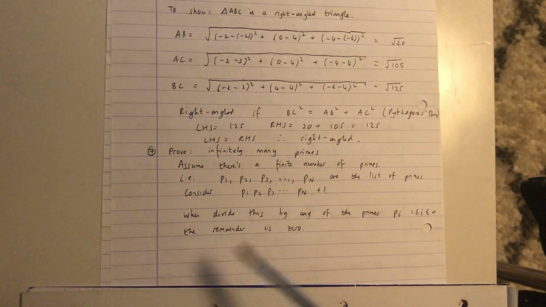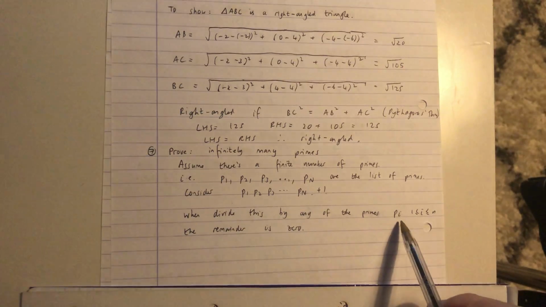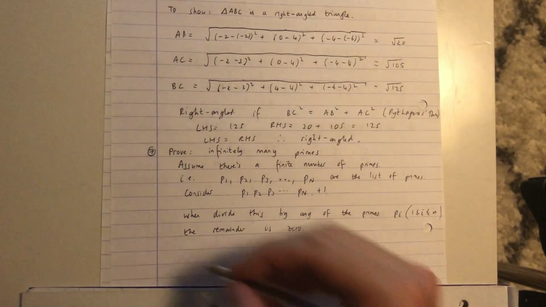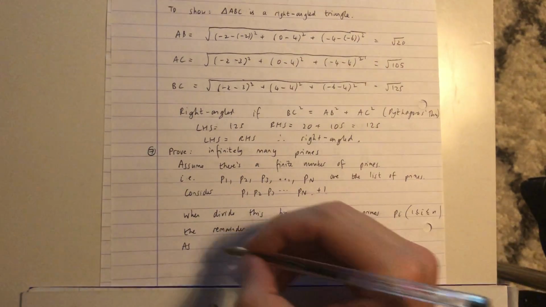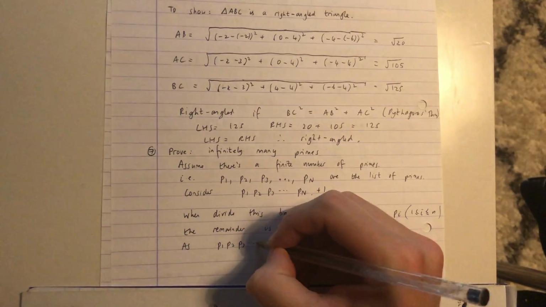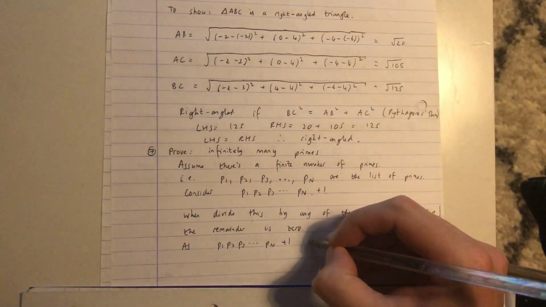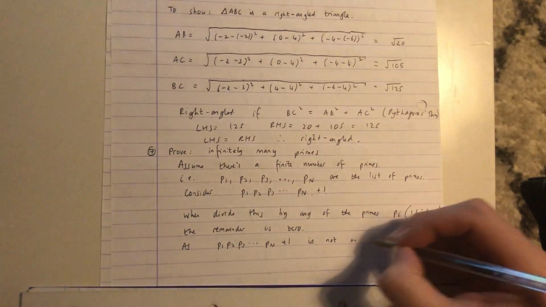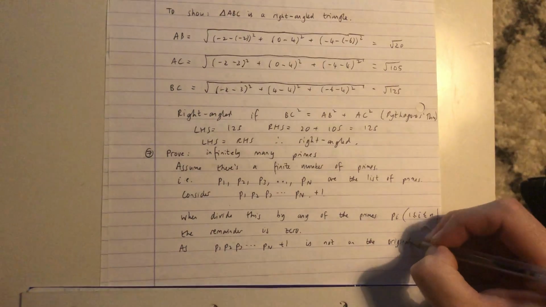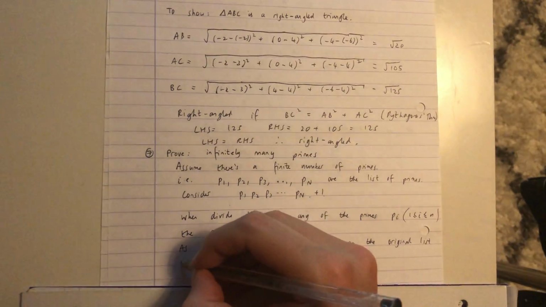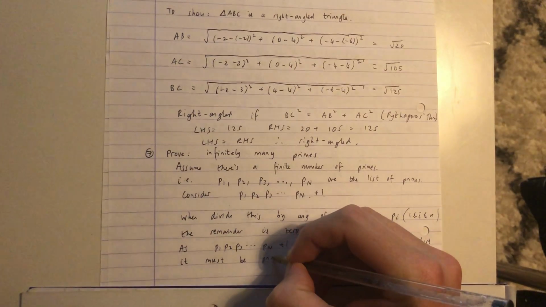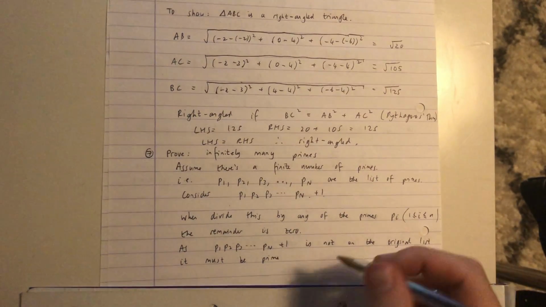So when you divide this by any of the primes Pi from 1 to n, the remainder is 0, and as P1 times P2 times P3 up to Pn plus 1 is not on the original list, it must be prime itself.